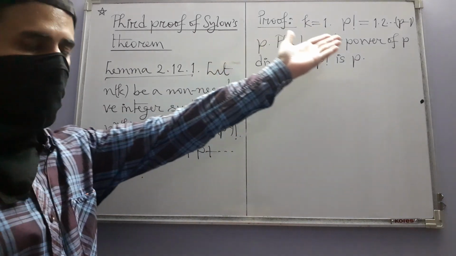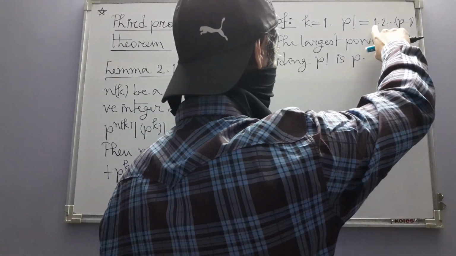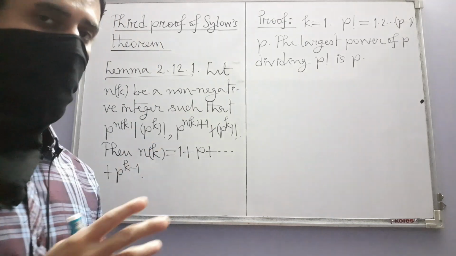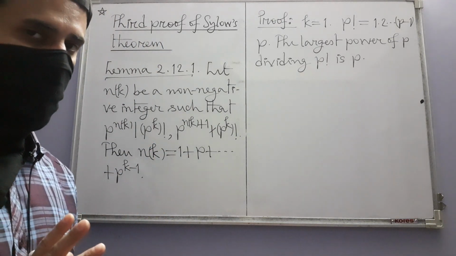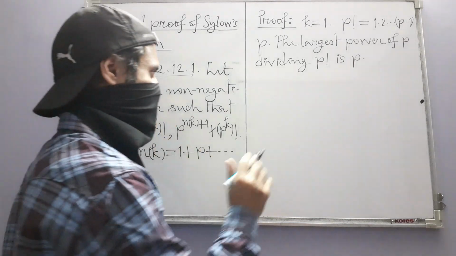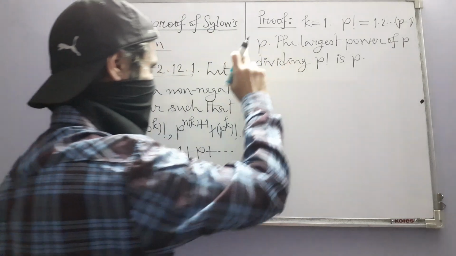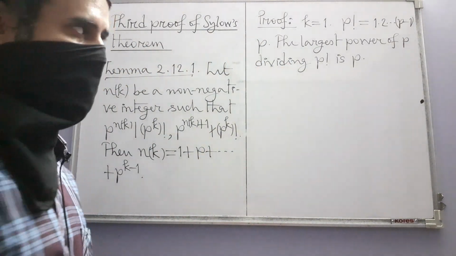We can see that from the expansion. No other factor from here is going to give us any p. Why? Because p does not divide any of them. You see, there is a thing about this product. The fact that p is a prime makes this happen.